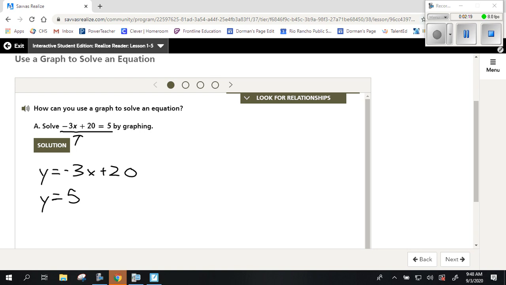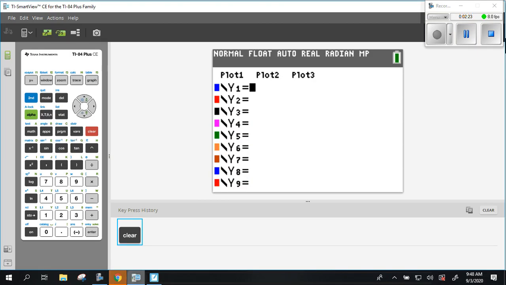So let's go ahead and use our Texas Instruments calculator. This is a TI-84 Plus emulator. In order to get to this screen, you hit the Y= button. That's what gets us where I am right now.